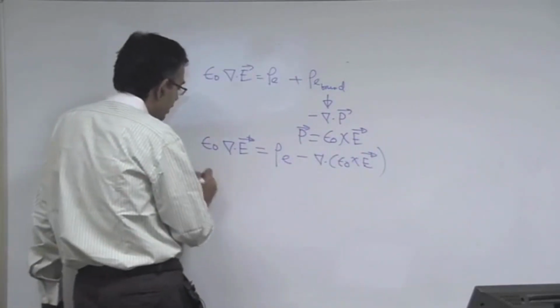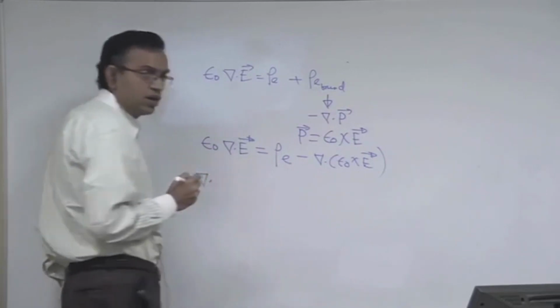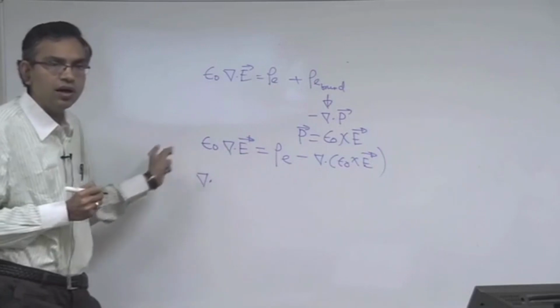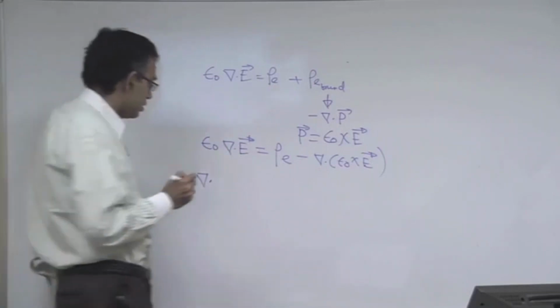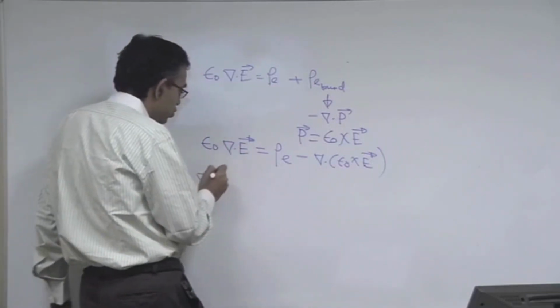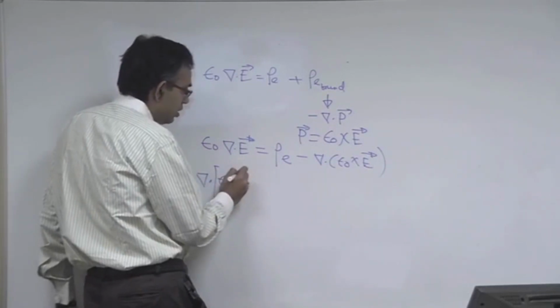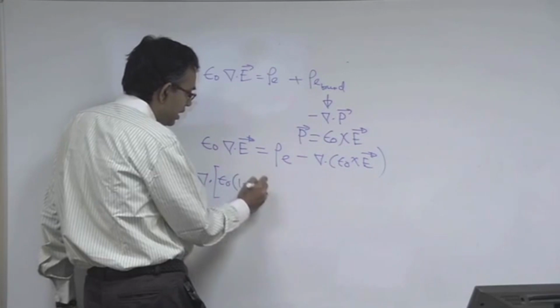So you can write del dot epsilon naught, being a constant, you can bring it in or out of the nabla operator. So, it is epsilon naught into 1 plus chi.